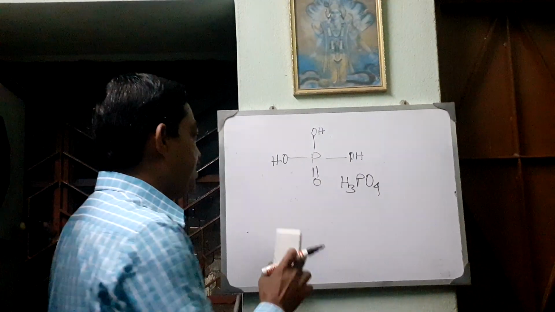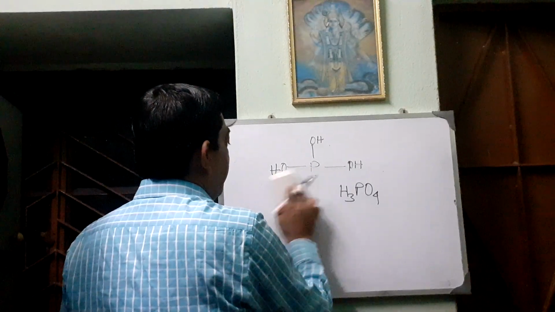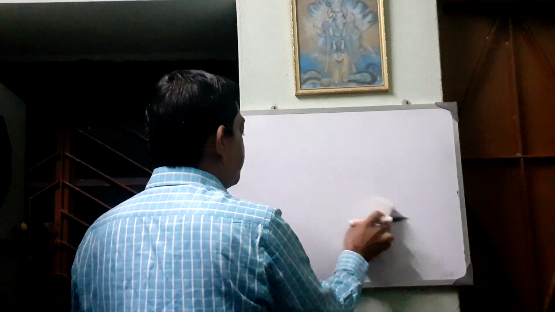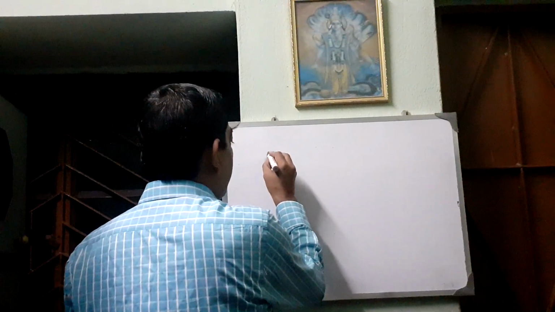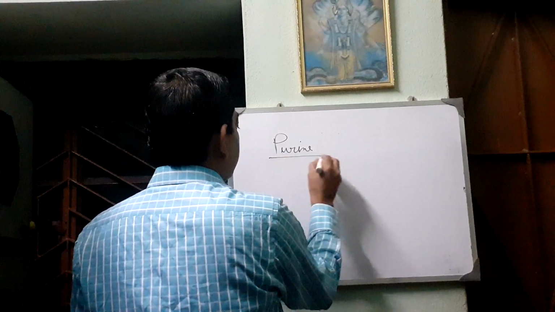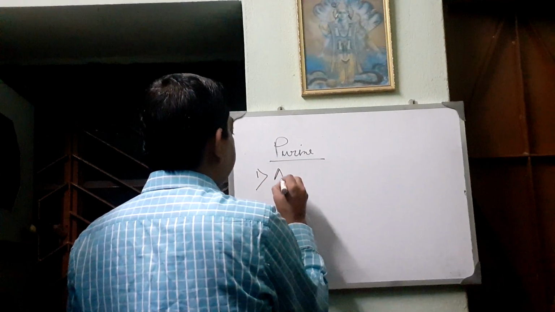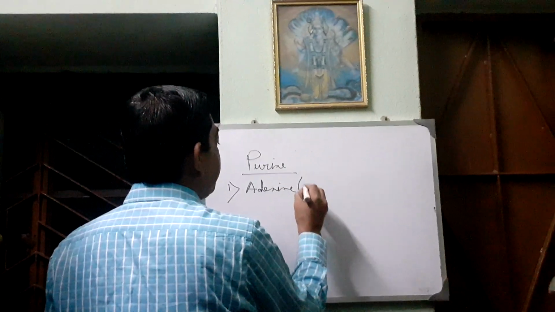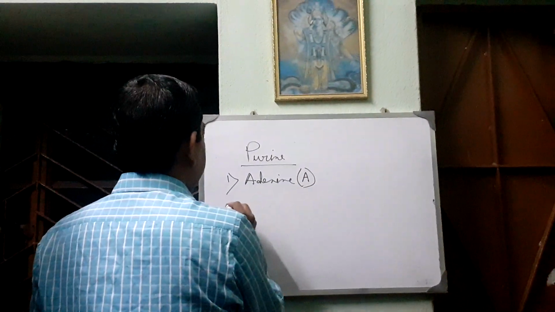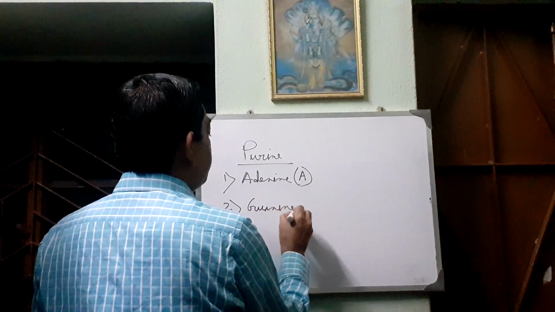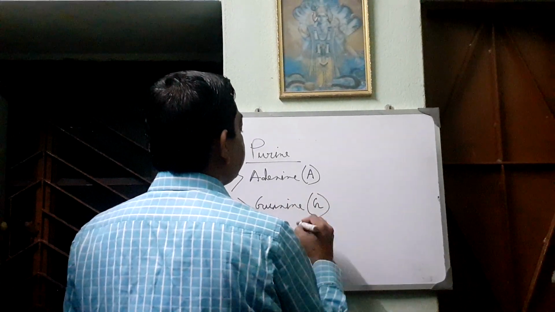I have already discussed the bases, and I will show you the structures of the purine and pyrimidine bases. The purine bases of DNA are of two types. One is adenine, denoted by capital A. Another is guanine, denoted by capital G.